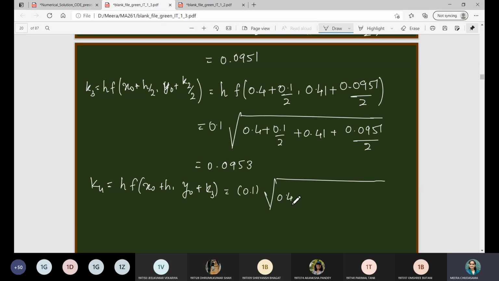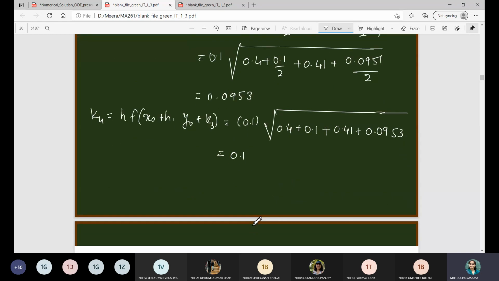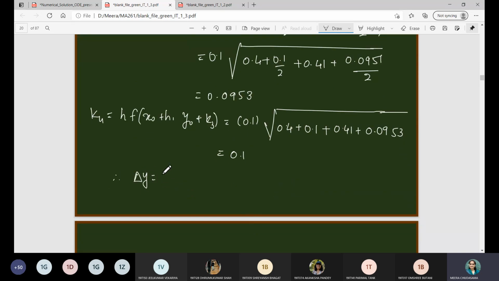So x0 we are given 0.4, h we have taken 0.1, y0 is nothing but 0.41 and k3 that is 0.0953. Yes. 0.1003. Yes, it is correct.